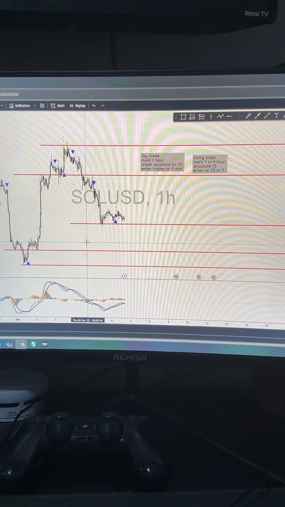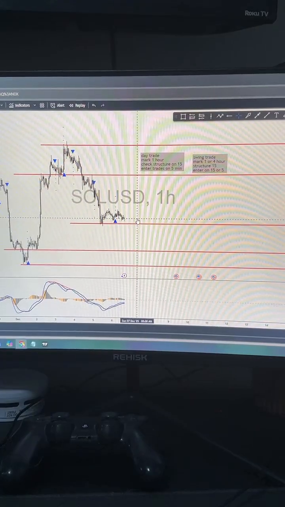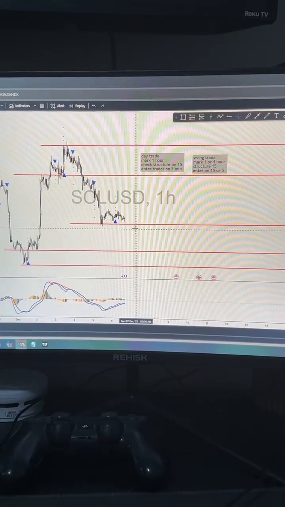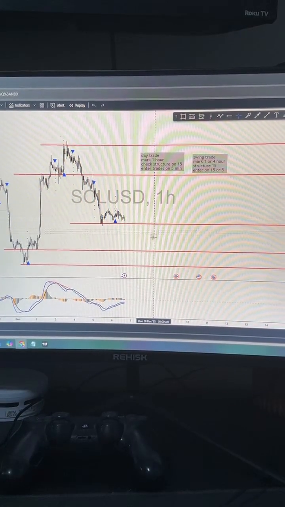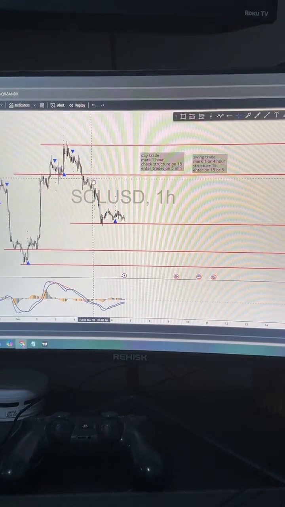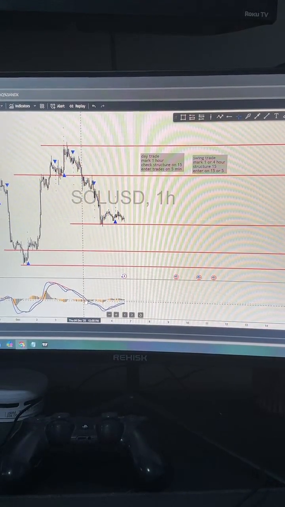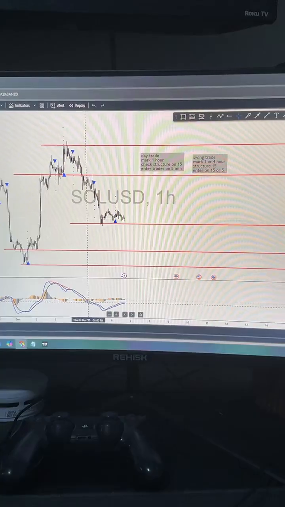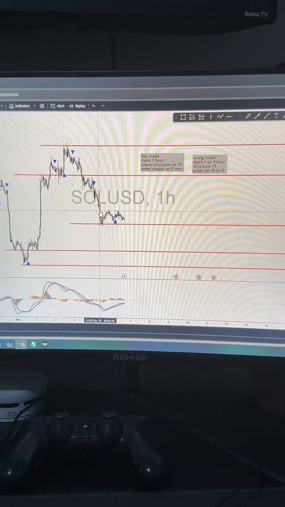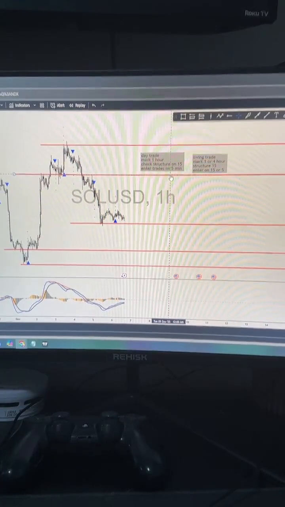So once you have your areas of liquidity, once you have your institutional areas, as I call these, when price reaches these areas again, all you want to do is make sure that if you get a signal, it lines up with the direction of the trend. You have the MACD and confluence, and it's safe to take that trade.